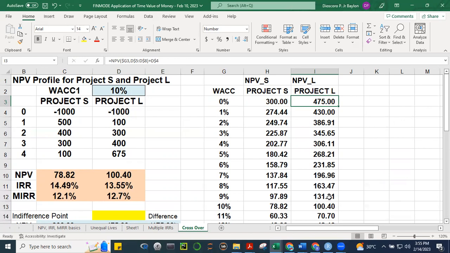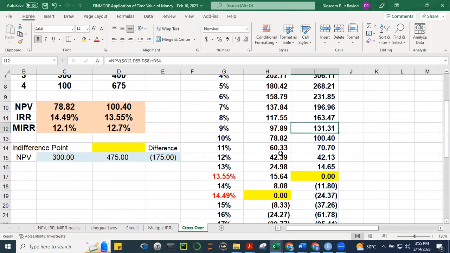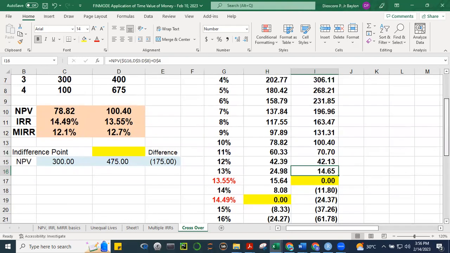At 9%, mas maganda pa rin si L. But as we go on here, pagdating dito, mas maganda pa rin si L, pero pagdating dito si S. Tingnan nyo, pag 13% na yung WACC, mas okay na si S, kasi mas mataas na yung NPV niya: 24.98, si L 14.65. So back to my question. At what point will we have an indifference point? Anong difference ng NPV ni S at ni L?